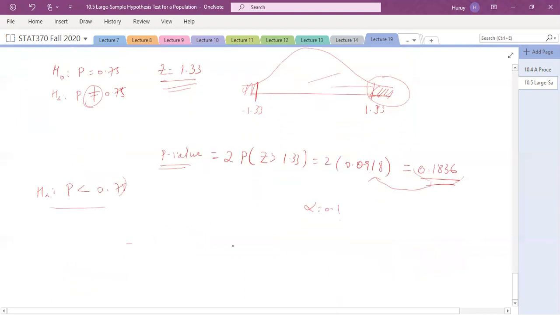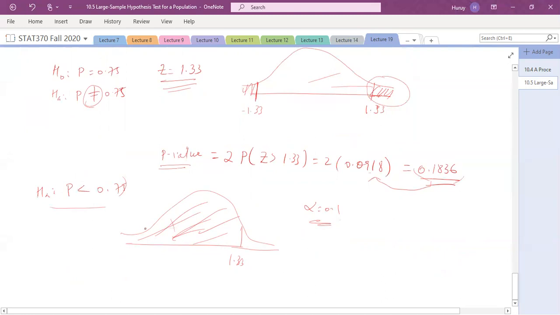Your p-value will be to the left of 1.33. And as you can see, this is a very large area. Therefore, definitely this area is greater than the alpha level, which is very small, 0.1 or 0.05. In our case, 0.05. And when the p-value is large, we fail to reject the null hypothesis.